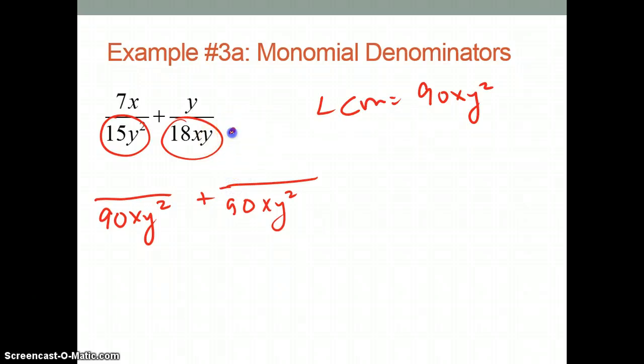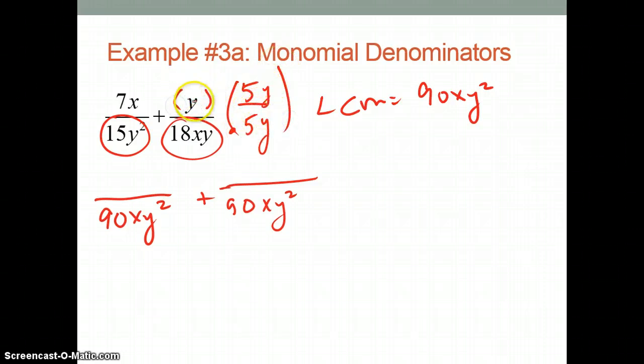So let's start with this first one, 18xy. What do we multiply it by to get 90xy squared? Well, 90 divided by 18 is 5. We have x's match, and now we need one more y, so it's 5y. Here we're going to multiply it by 5y over 5y, because we have to essentially multiply it by 1.